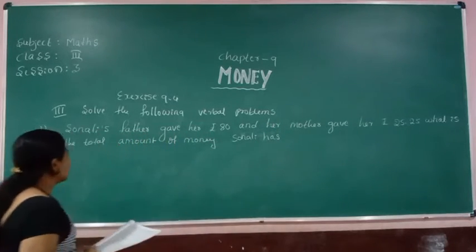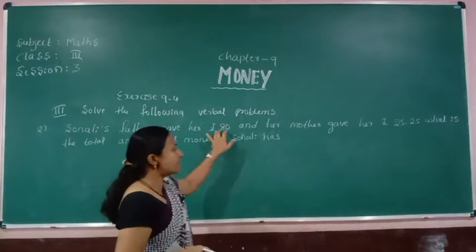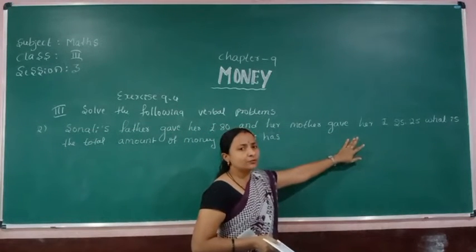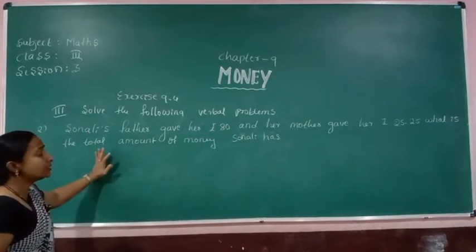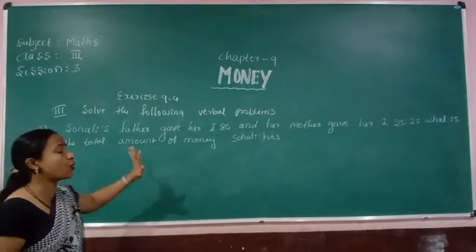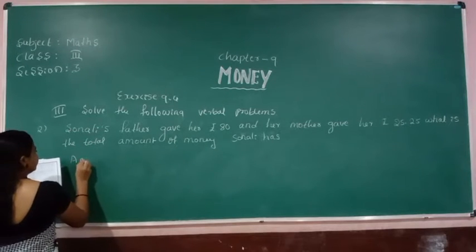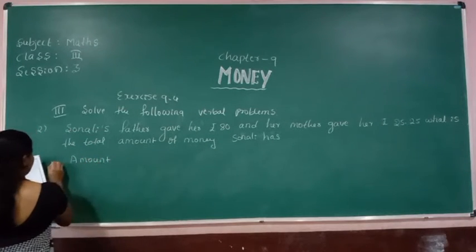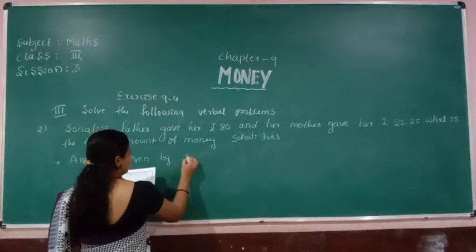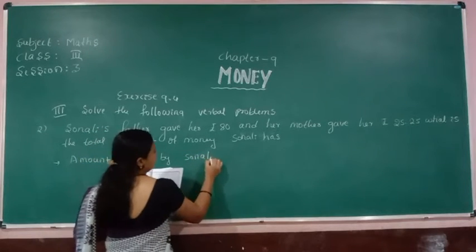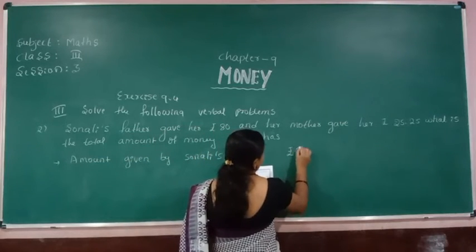Okay, yes. See students, Sonali's father gave her 80 rupees, and her mother gave her 25 rupees 25 paise. And totally what is the amount she has? Okay, totally Sonali, how much money does she have? Okay, yes, we'll do here. See, amount given by Sonali's father rupees 80.